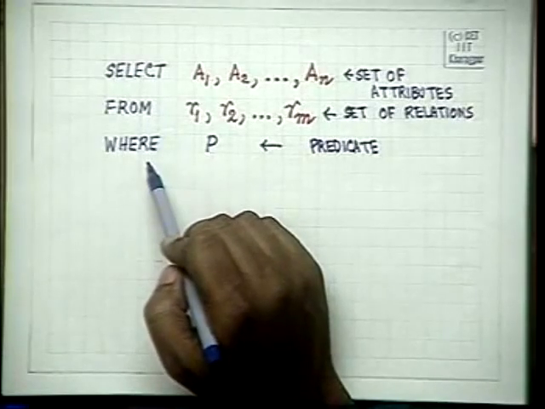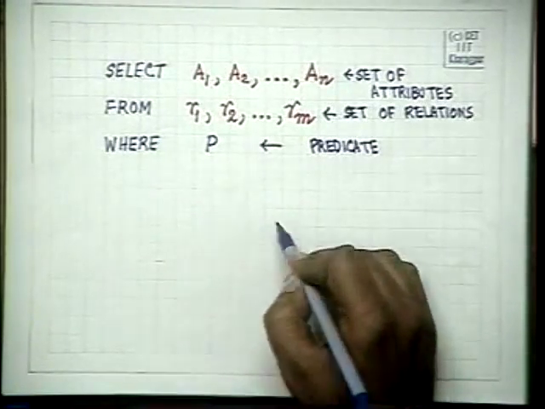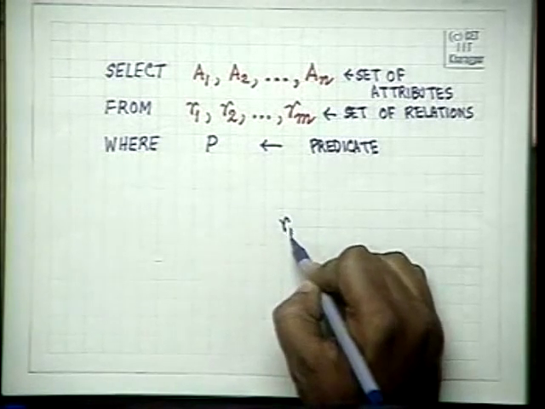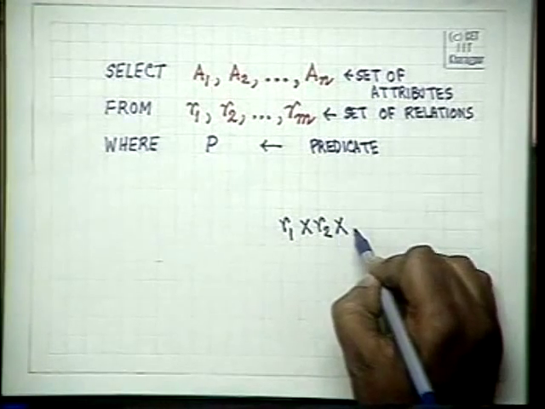Now in relational algebra, this expression means R1 cross R2 cross up to Rm.